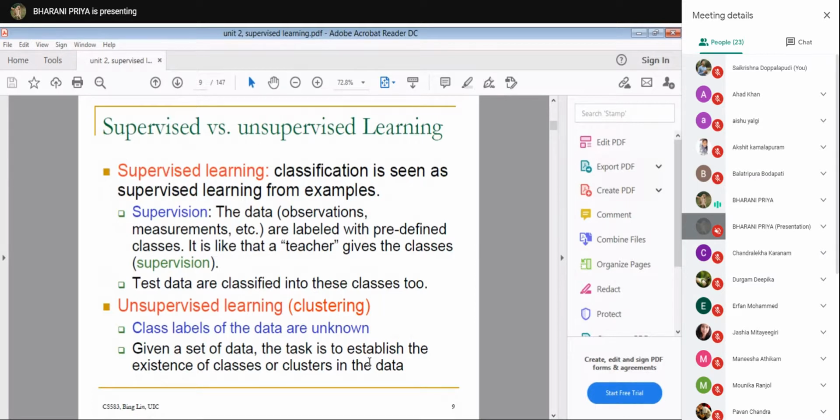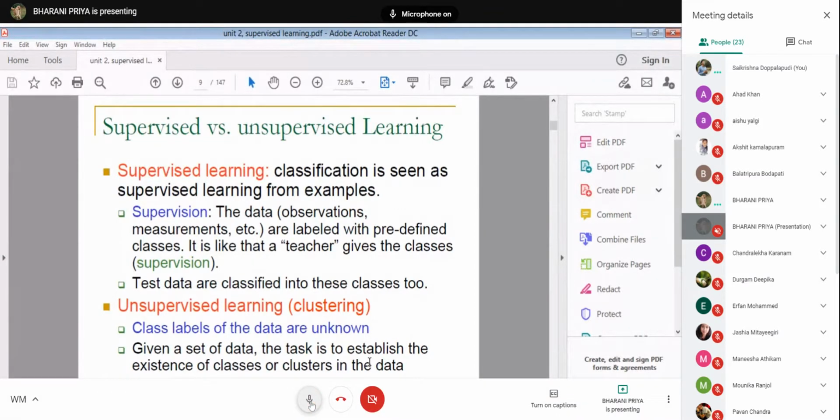But in unsupervised learning, as there are no class labels, we classify or group the data based on the relation between the data, that means based on the similarities.